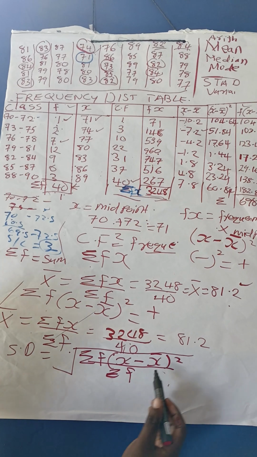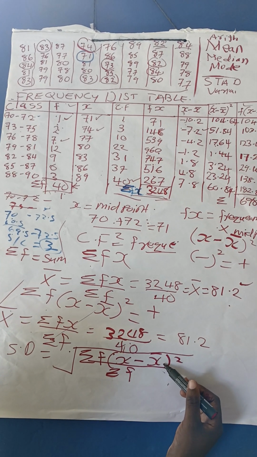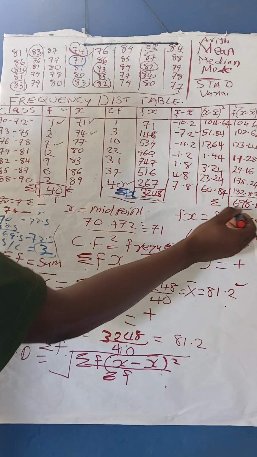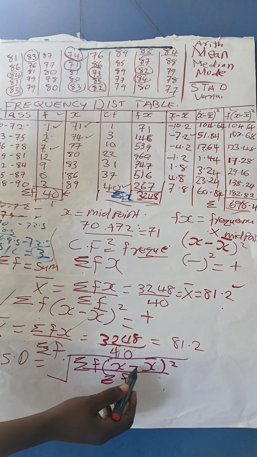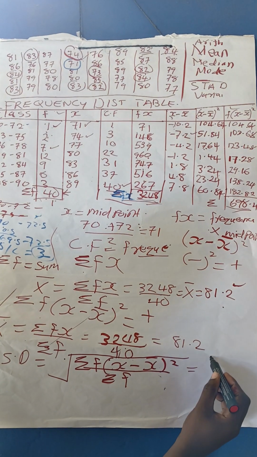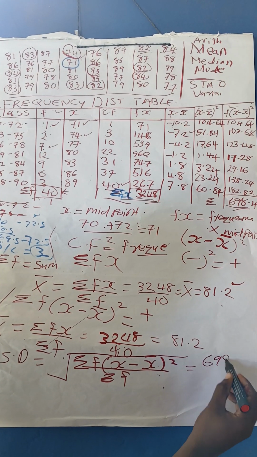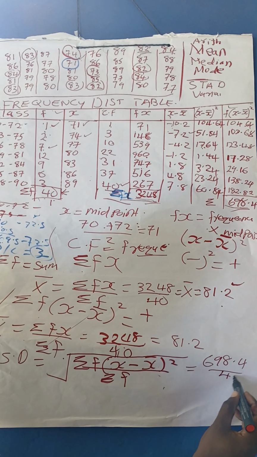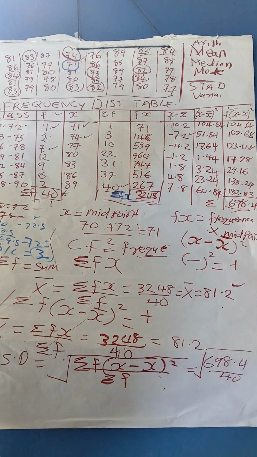So we already have the total summation of this, which is 698.4, divided by 40, then you square root.